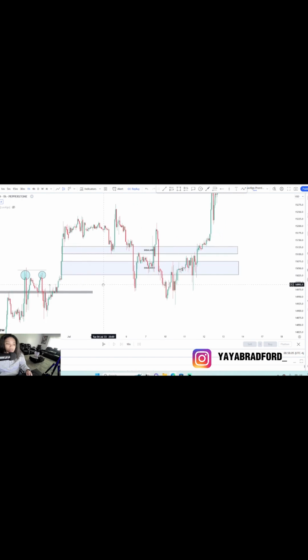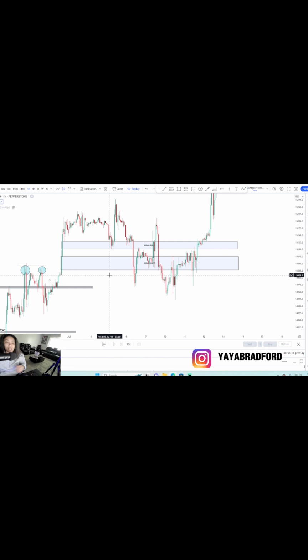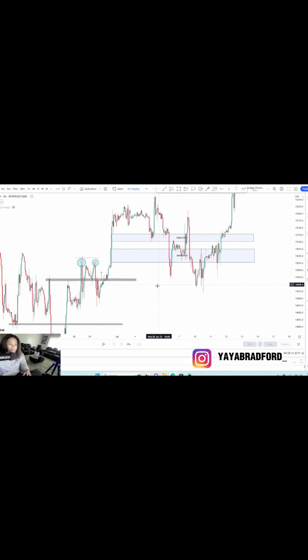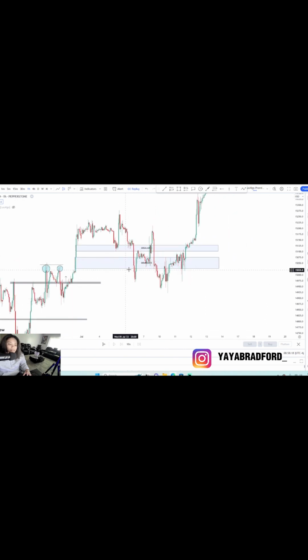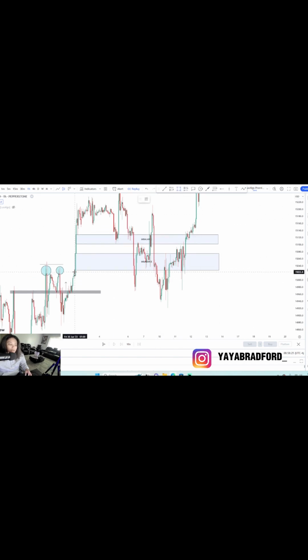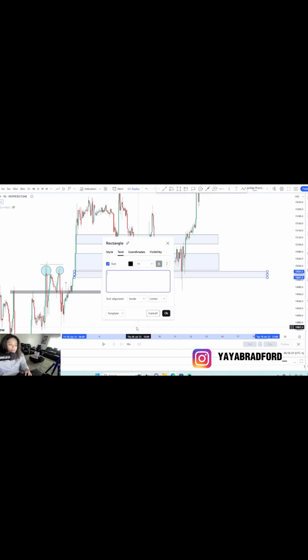So all you do is wait for price to come back to this level. This is technically a supply and demand setup, right? So you're waiting for price to come back to this demand down here, or this imbalance, or whatever you want to call it, because you do have a demand setup sitting right below that imbalance. This is a demand setup.